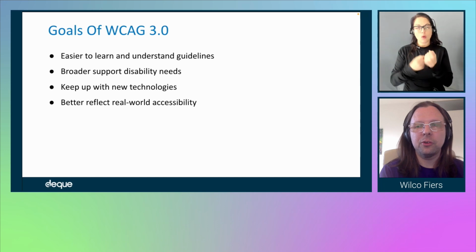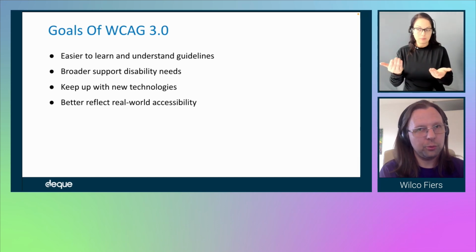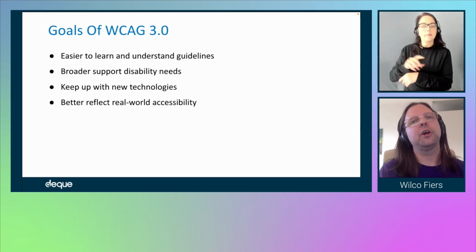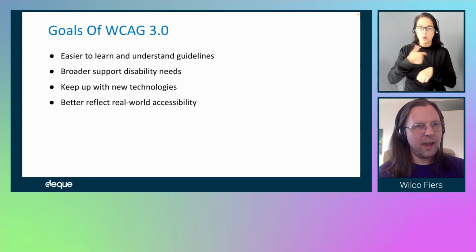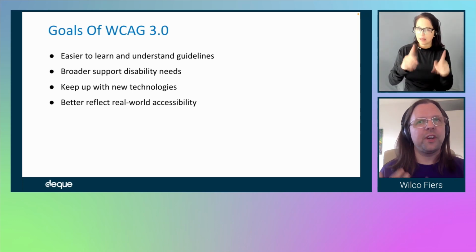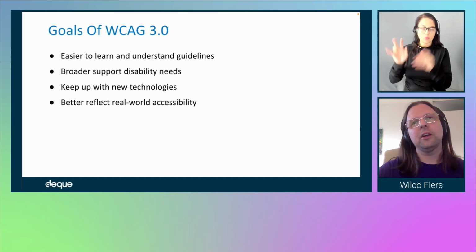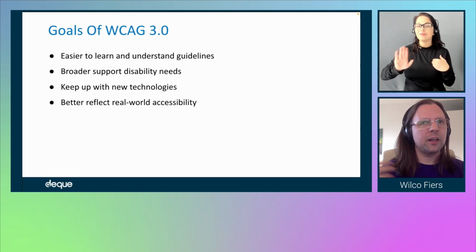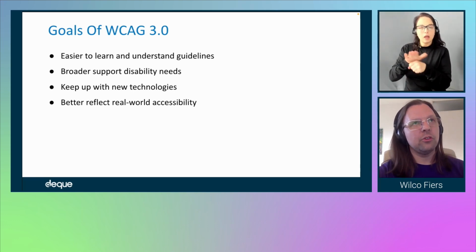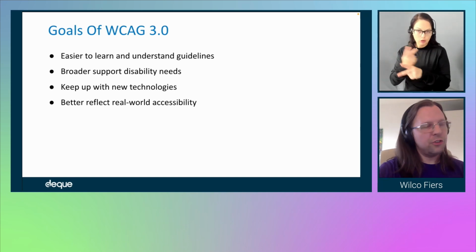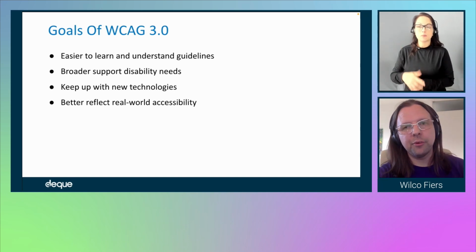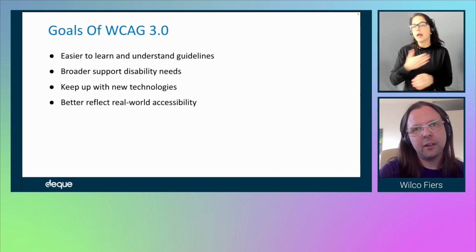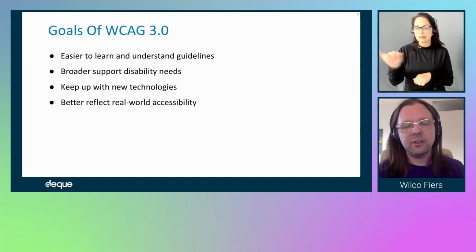There are people whose needs are currently not addressed by WCAG 2. And just because of the way WCAG 2 was structured, we're having a very hard time addressing that. And since WCAG 2 is effectively the standard for accessibility, it's really hard for people to get their needs even looked at if they're not already covered by WCAG 2. So we want to address that in WCAG 3. Additionally, we want to do a better job of keeping up with new technologies, and we want to better reflect real world accessibility. And I'll go into a little bit more detail in a sec.